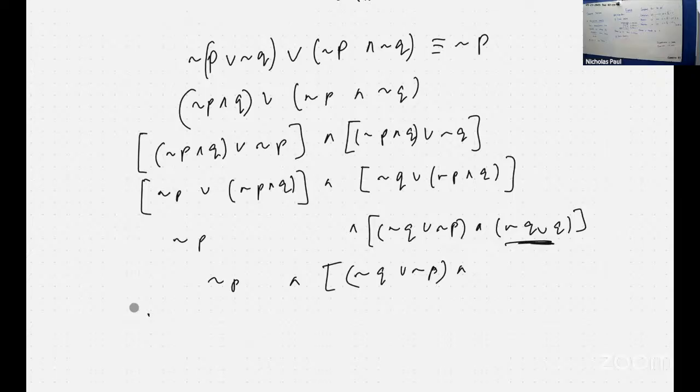True and anything is anything. Right? And then if I switch it around here, I can use the absorptive law and I will get the negation of P as my answer.